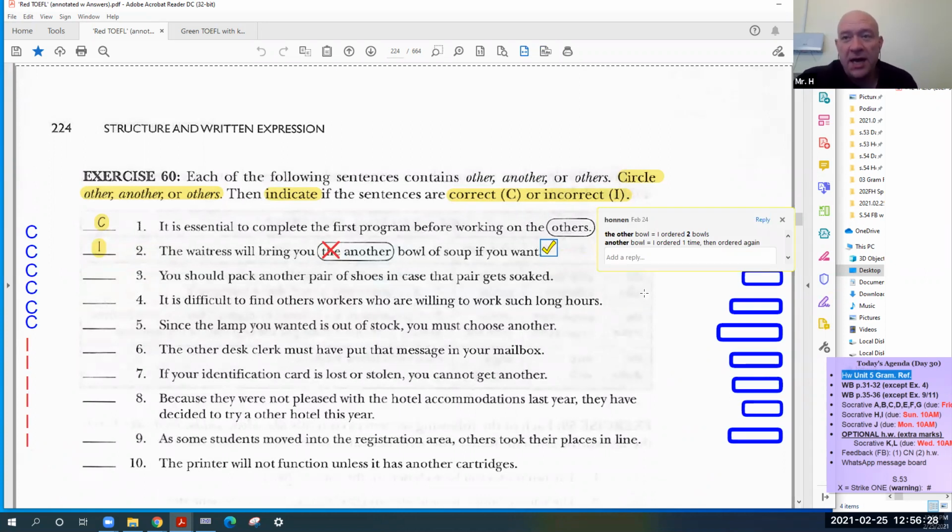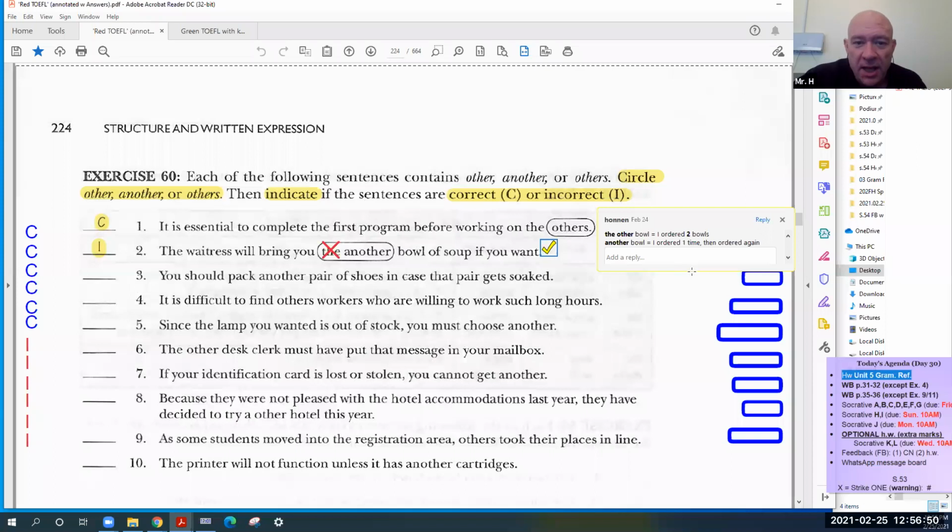Can you read them, Ayed? The other bowl equals I ordered 2 bowls. So at the restaurant, I ordered 2 bowls, right? The waiter first brought me one. I finished it, and now I want the other.